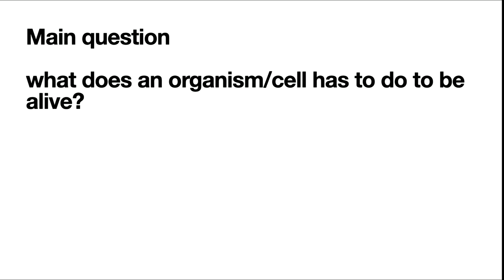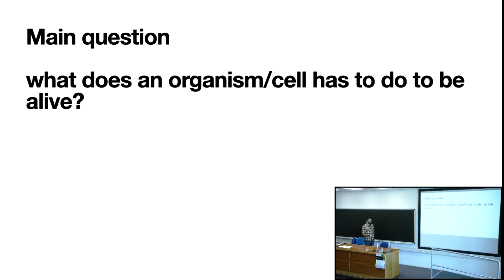In particular, the main question we want to ask is: we have these apparently simple organisms, bacteria, but we saw that they are very diverse and can do many adaptations. And the question is, what do they have to do to be alive? So basically, what are the functions that they have to perform to be alive?